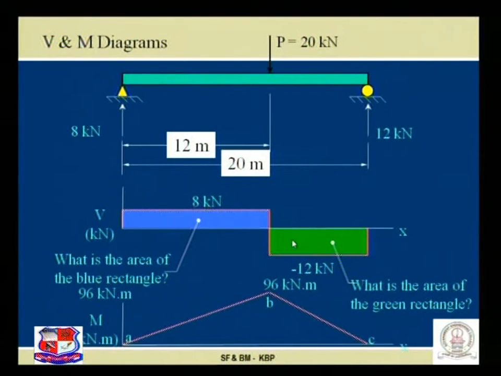This is the first observation. Second, the area of the shear force diagram gives me the maximum ordinate of the bending moment diagram. This is the first observation that we can note from this relation between SF and BM.